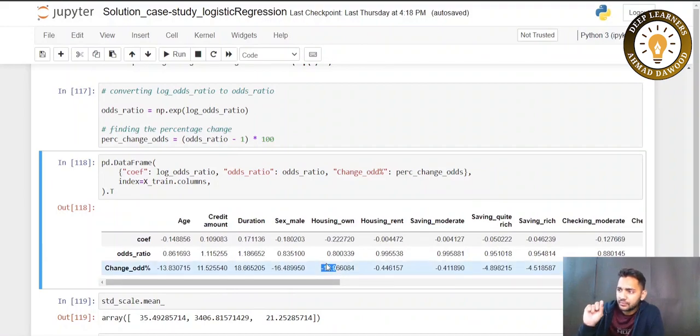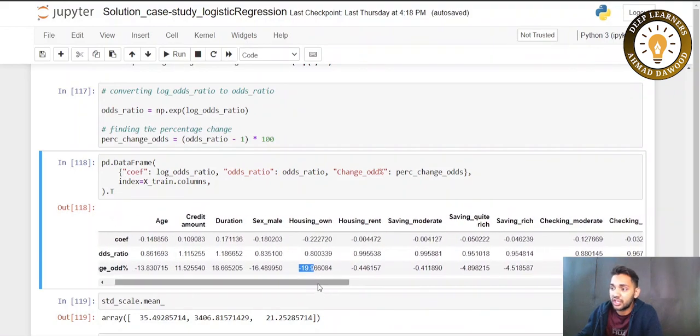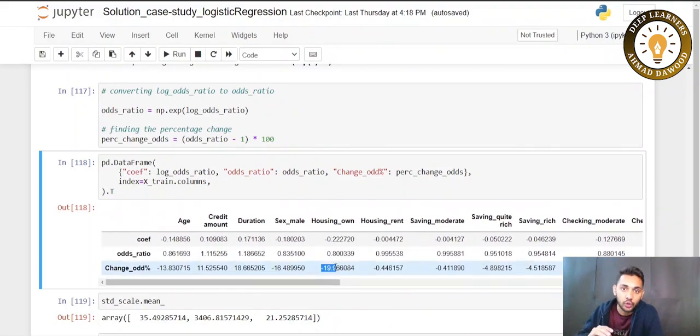It means that when a customer has own house, then there will be 20% decrease in the odds of being defaulted compared to the person who has free house. So in this way we can say that this housing own is very important out of all columns, because it has a stronger relation with the target column. You can see from here 19.9, about 20% decrease in odds.